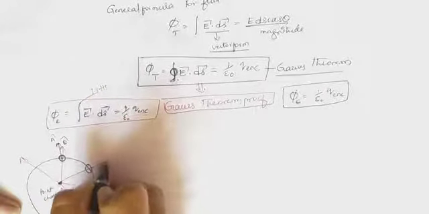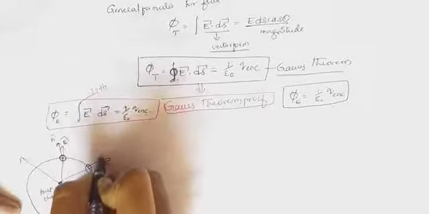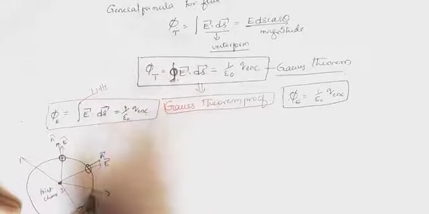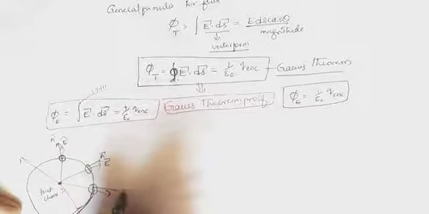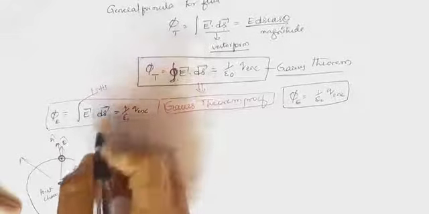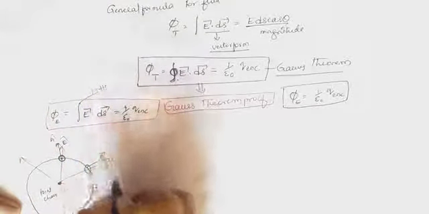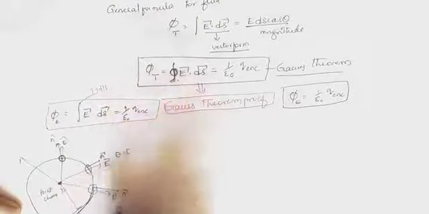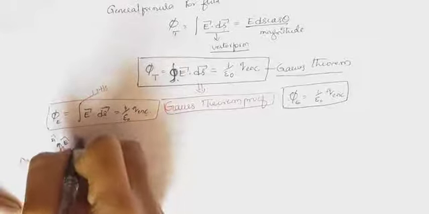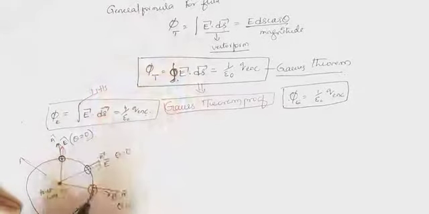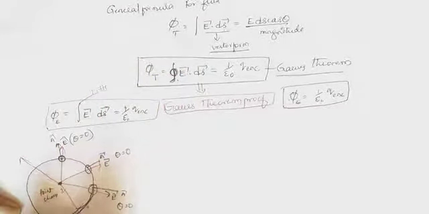So this is the electric field vector and this is the area vector. At every point theta is 0. At every point on the surface the electric field and the area vector are in the same direction.